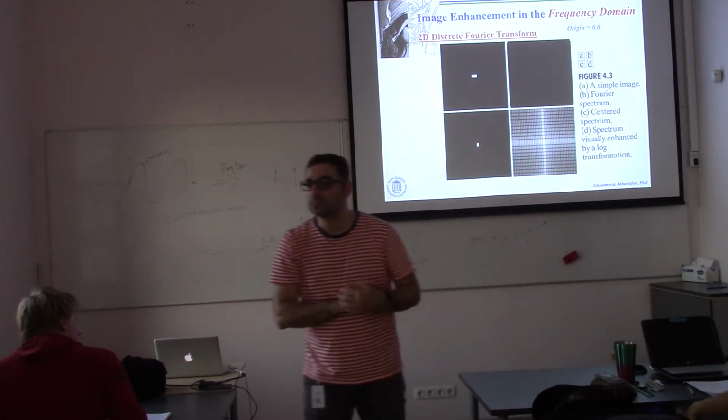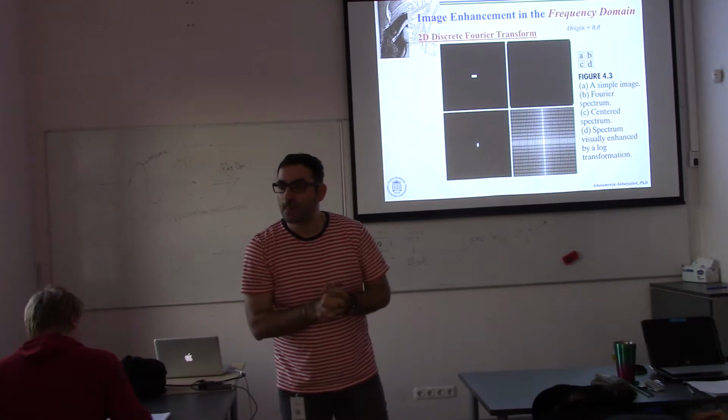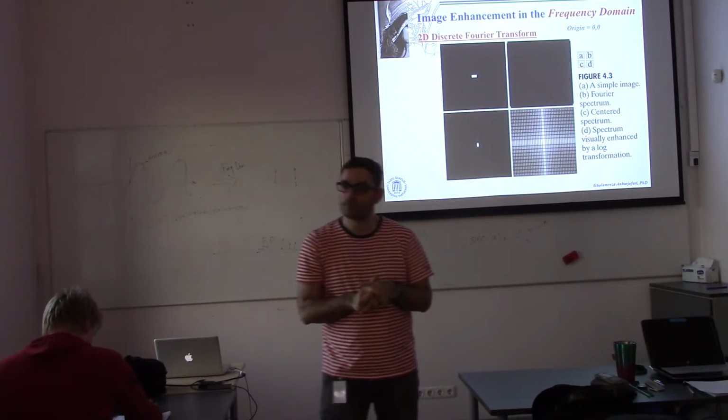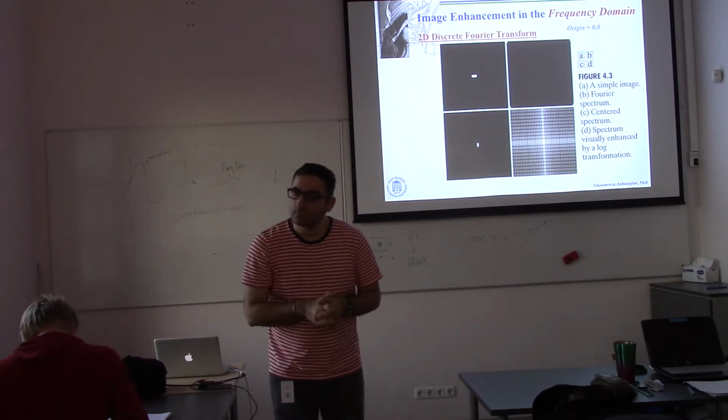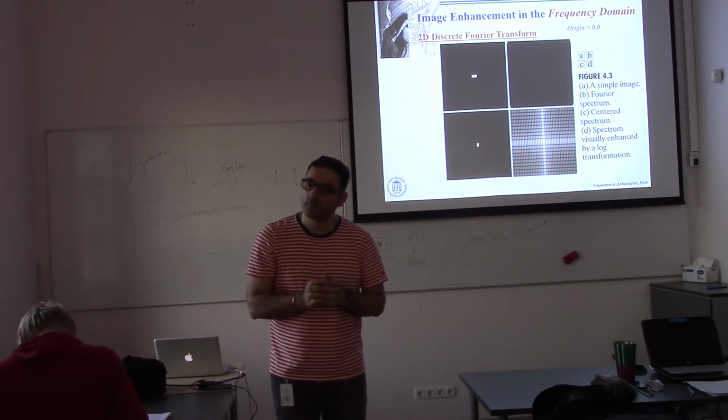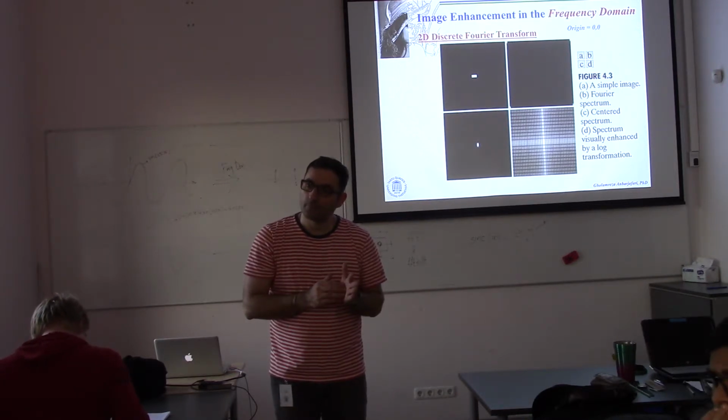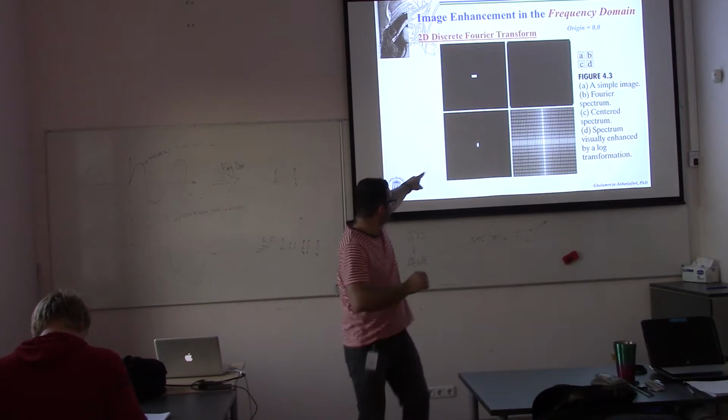If we convert the image into the Fourier transformation scale, the center pixel of the image will be the zero frequency, isn't it? The center here is the zero frequency.